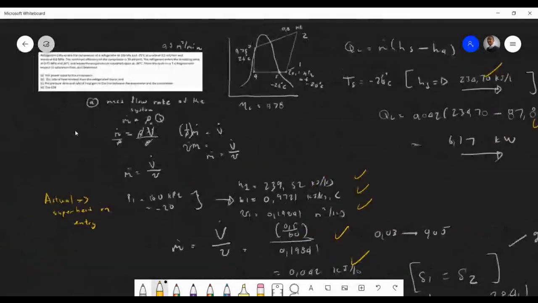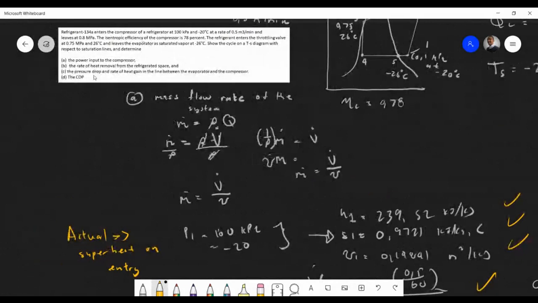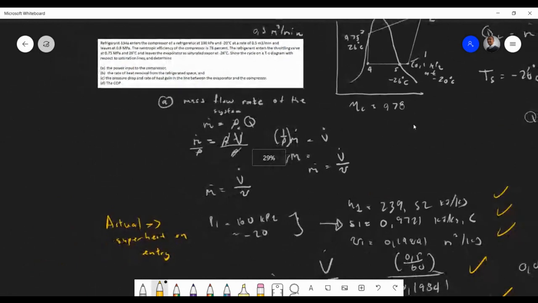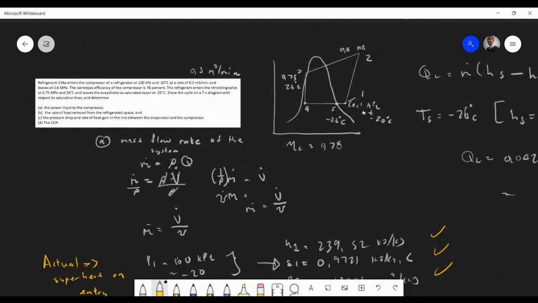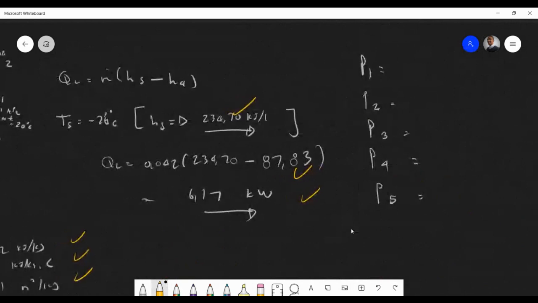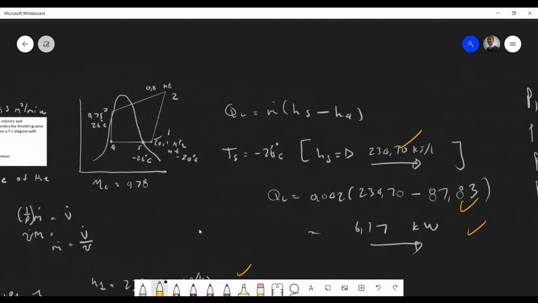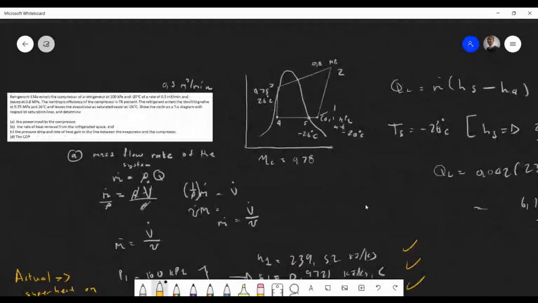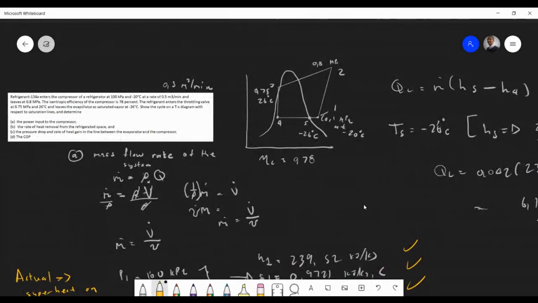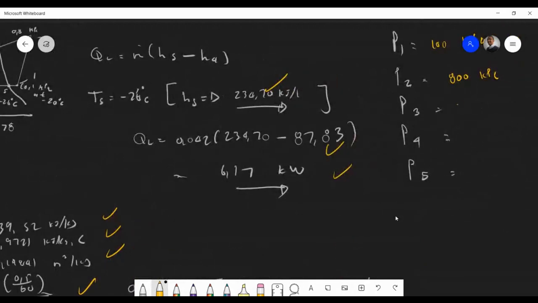So guys, the other question is now the pressure drop and the heat gain. I'm more looking at the pressure drops between the evaporator and compressor, which is essentially between 5 and 1. But I just want us to write out all our pressures first. At point 1, our pressure was 100 kilopascals. At point 2, we know that it's 800 kilopascals. At point 3, we have 0.75, which is 750 kilopascals.